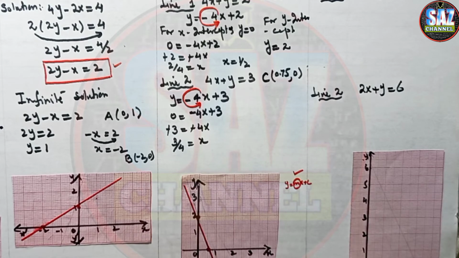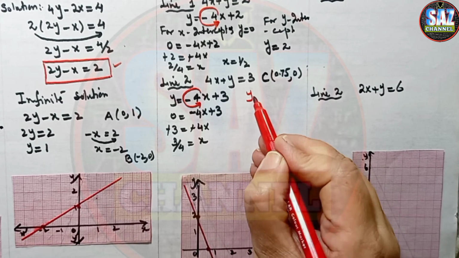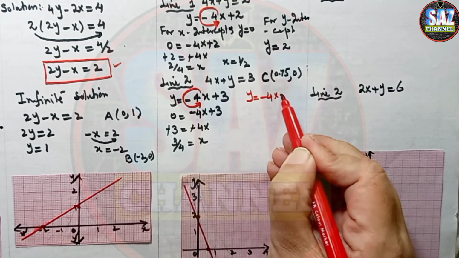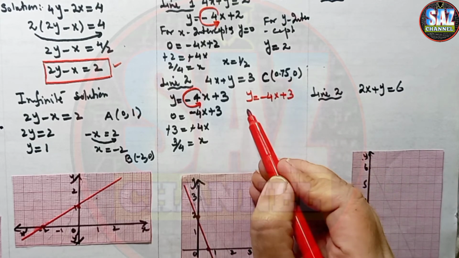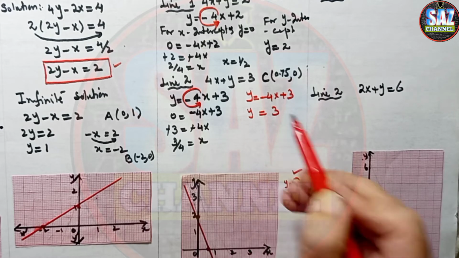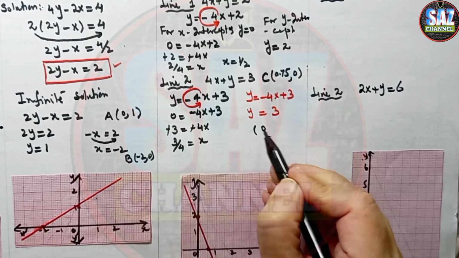For the y-intercept, I have to make my x 0. Again, y equals minus 4x plus 3. I make my x 0 and y will be equal to 3. And the second point can take the form (0, 3).